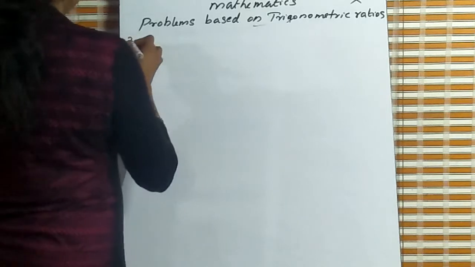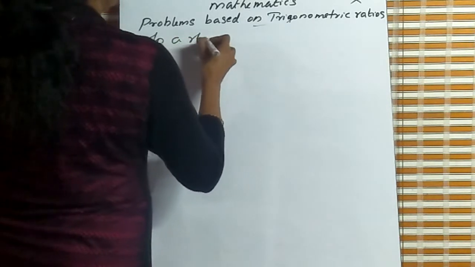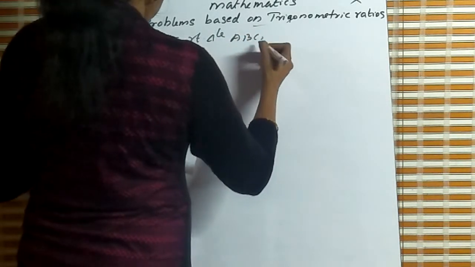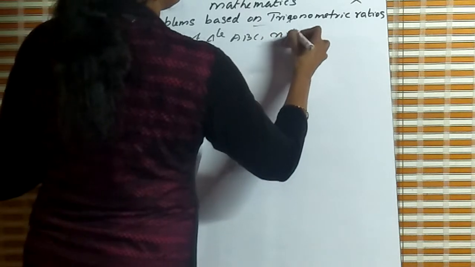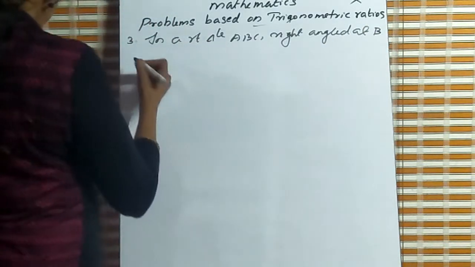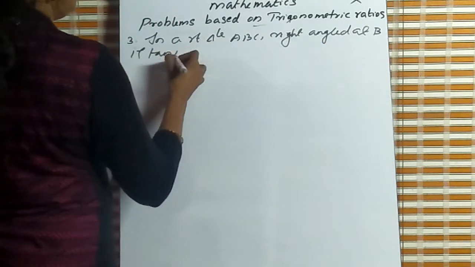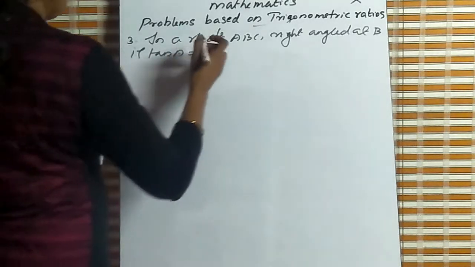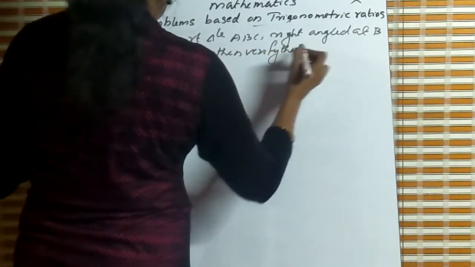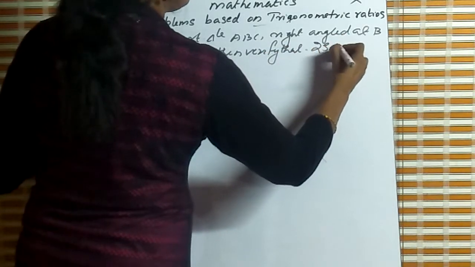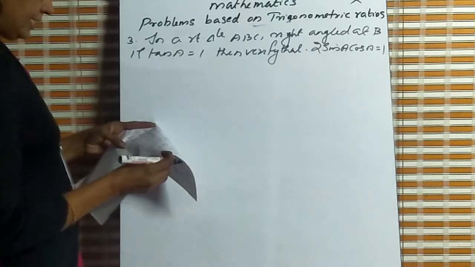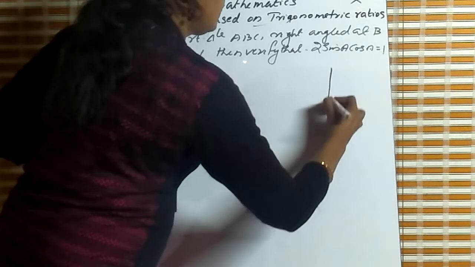In a right triangle ABC, right angled at B, if tan A is equal to 1, then verify that 2 sin A cos A is equal to 1.